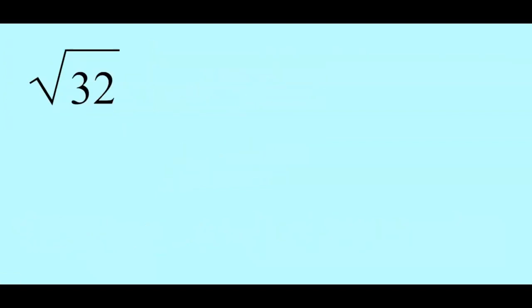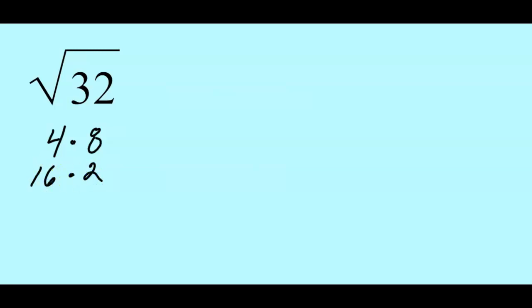We'll try another one, the square root of 32. So you want to think of the biggest perfect square that divides into 32. I know that 4 goes into 32, but if I do 4 times 8, that's not quite big enough because 8 still has a 4 in it. So you want to think of a bigger perfect square, 16 times 2.